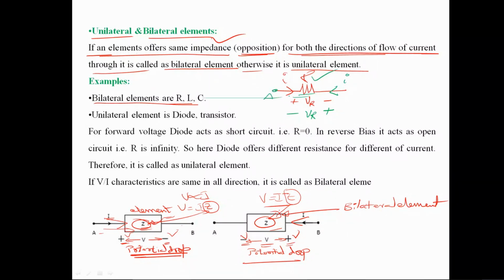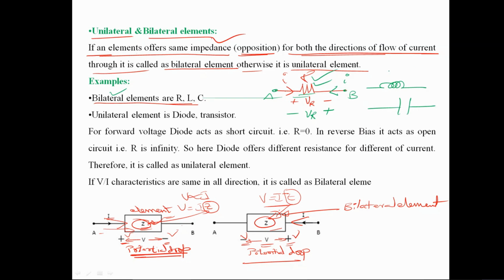Let this point be A and this point be B. Therefore, it allows current either from A to B or from B to A. So this resistor element is called a bilateral element. Similarly, the inductor we represent like this, and the capacitor we represent like this.